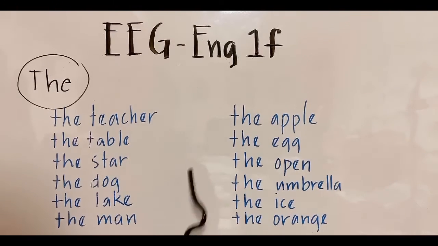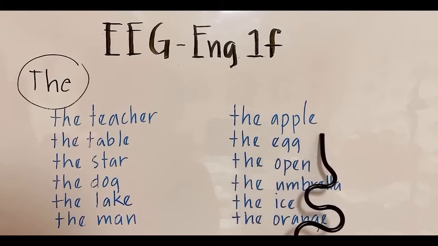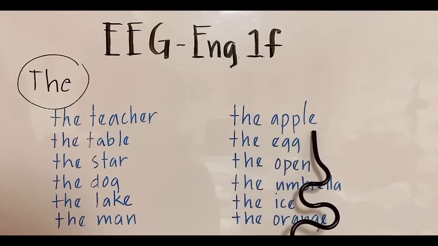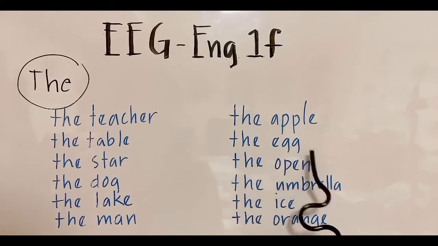Now let's go to the other group. Let's read them. The apple. The egg. The open. The umbrella. The eyes. The orange.